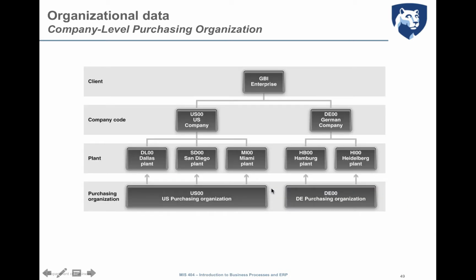In our case of JBI, if we make the hypothesis that JBI uses a company level purchasing organization, we should introduce two different purchasing organizations, one for the US plant, in charge of all the spending management for the US plant, and one for the German plant, responsible for the German plant purchasing.